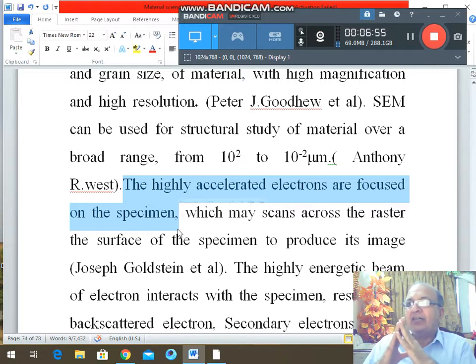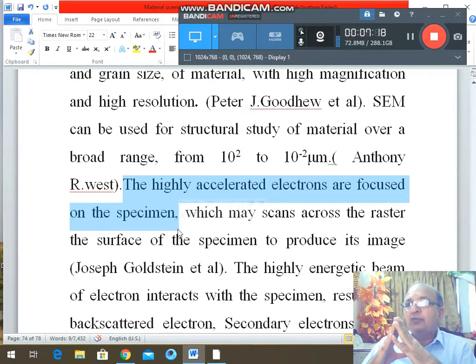You might have remembered the de Broglie hypothesis. Each and every moving particle is associated with the wave nature. So, here electrons are accelerated. The more they are accelerated, lambda is equal to h by mv, lambda is inversely proportional to the speed of electron.